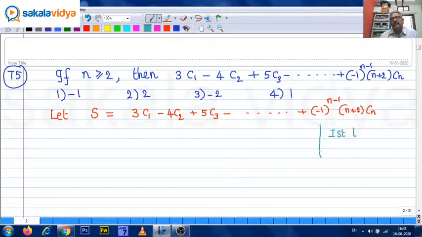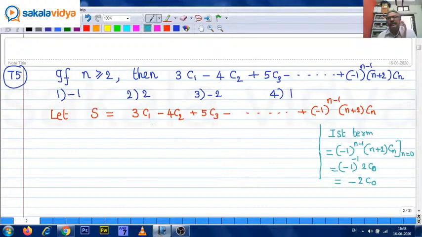First term equals minus 1 to the power of n minus 1 of n plus 2 Cn when n is equal to 0. So this equals minus 1 to the power of minus 1, 2 times C naught. Minus 1 to the power of minus 1 means 1 by minus 1. This equals minus 2 C naught.